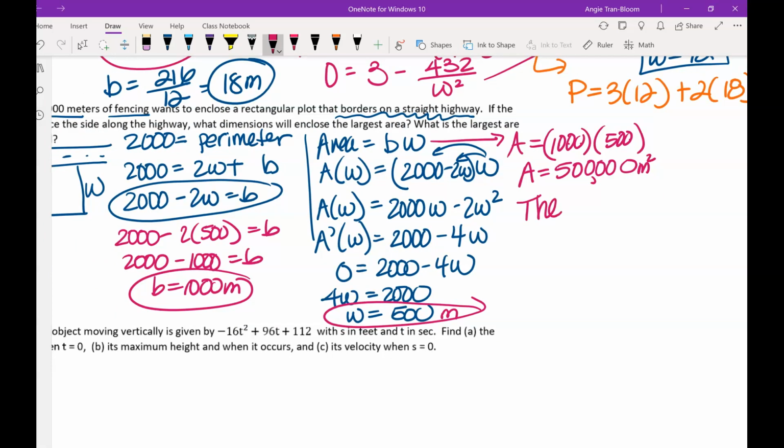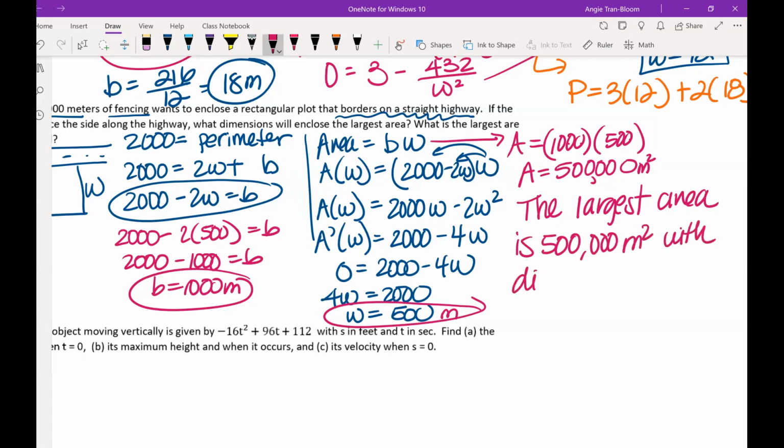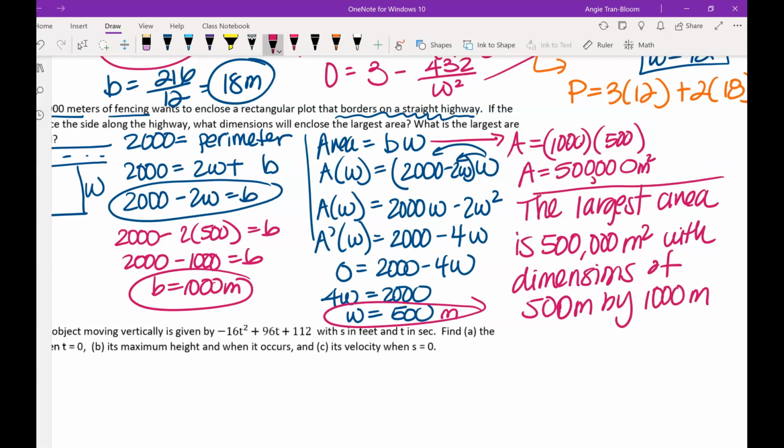The largest area is 500,000 meters square with dimensions of 500 meters by 1,000 meters. Box that up.